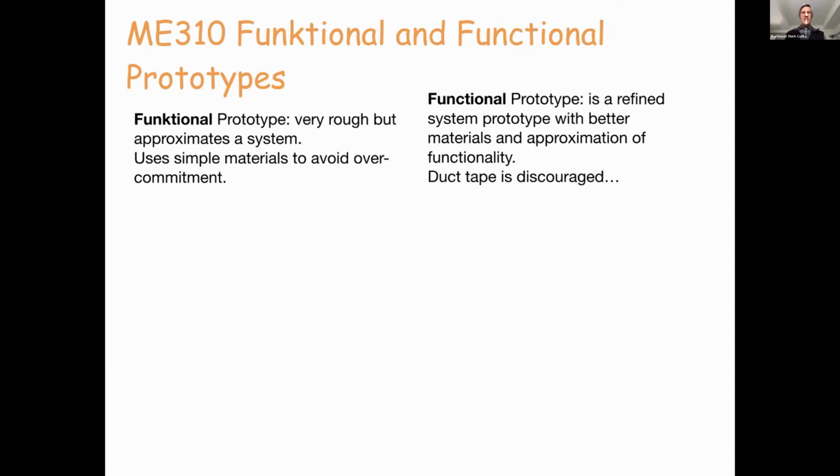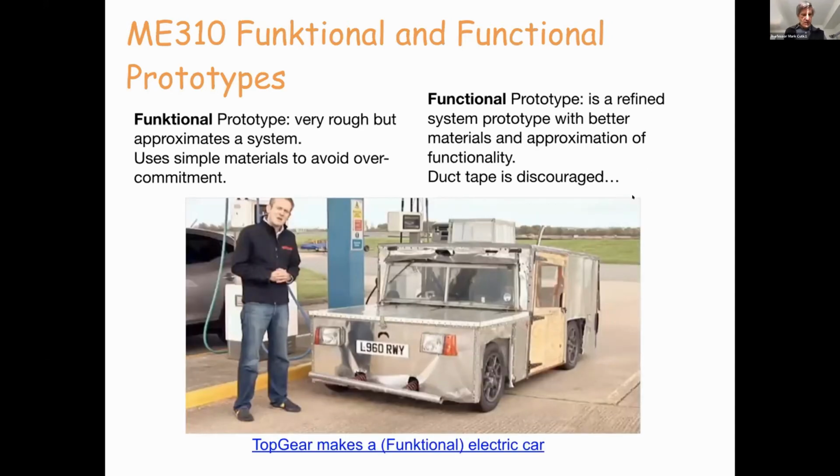The F with a K version, the idea is to put something together very rough so that you don't commit too much to materials and form, but it starts to have some of a system flavor. And when I try to explain this concept to the students, the example I love to use is from Top Gear when they were challenged to build an electric car, and it is the quintessence, I think, of functional with a K.